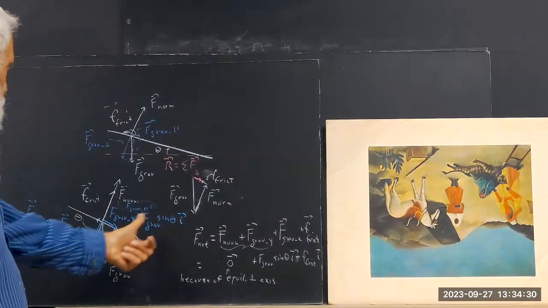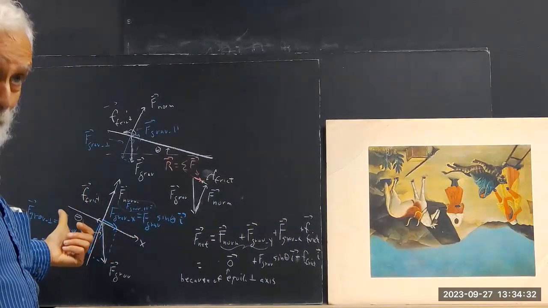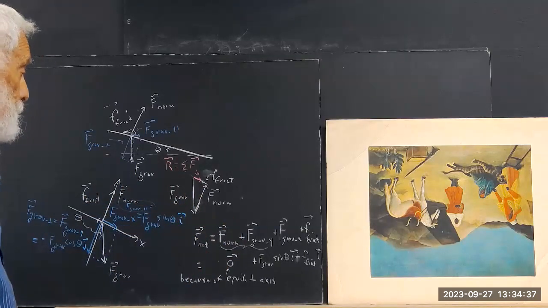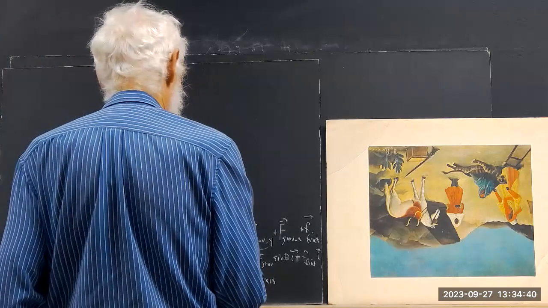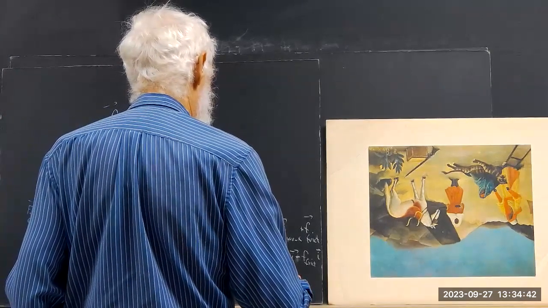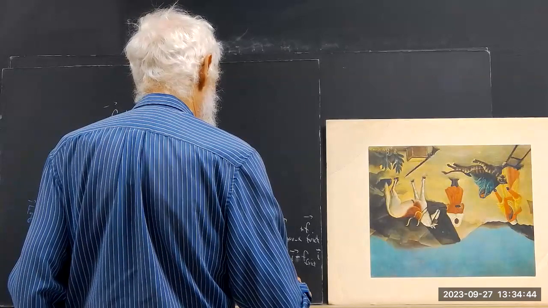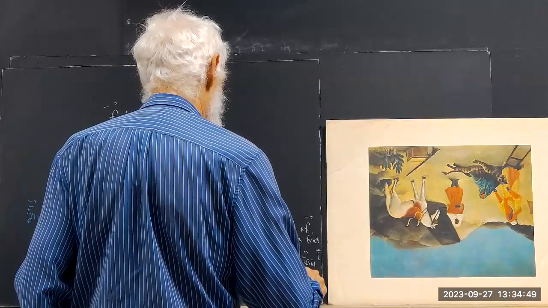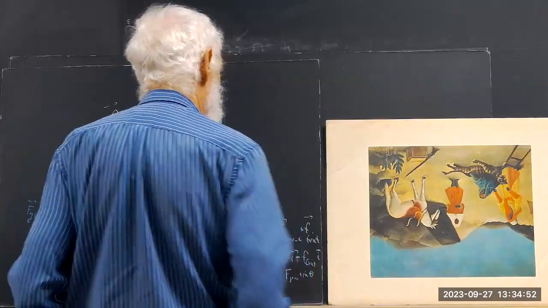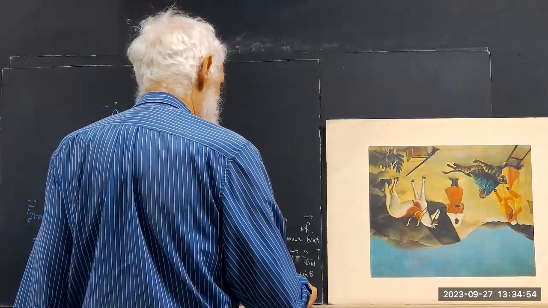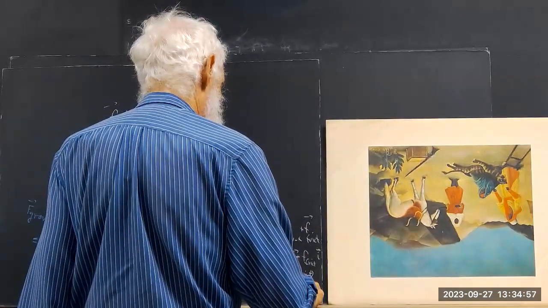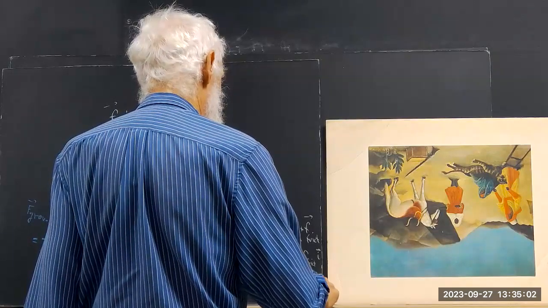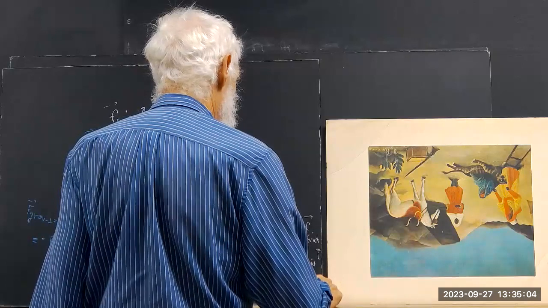Okay, the frictional force is in the negative i direction, negative x direction, okay? We could write it this way. So that comes out F graph sine theta minus the frictional force in the i direction.